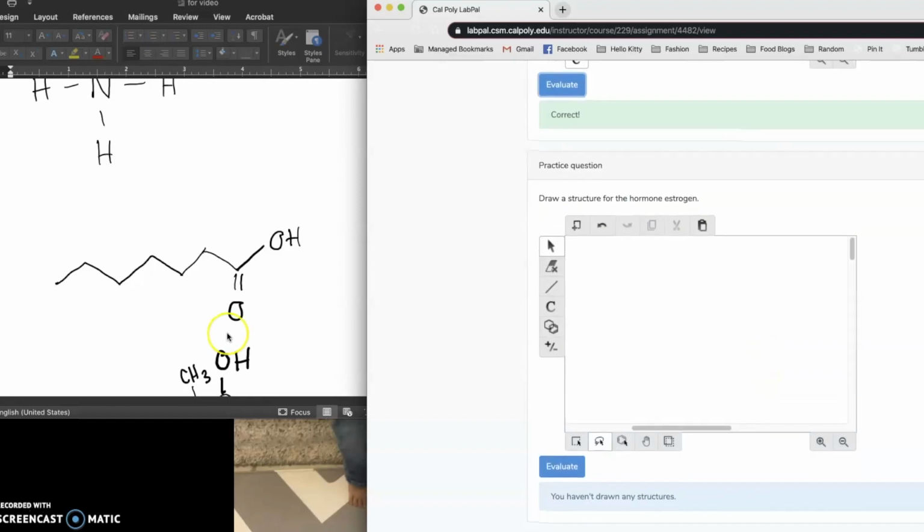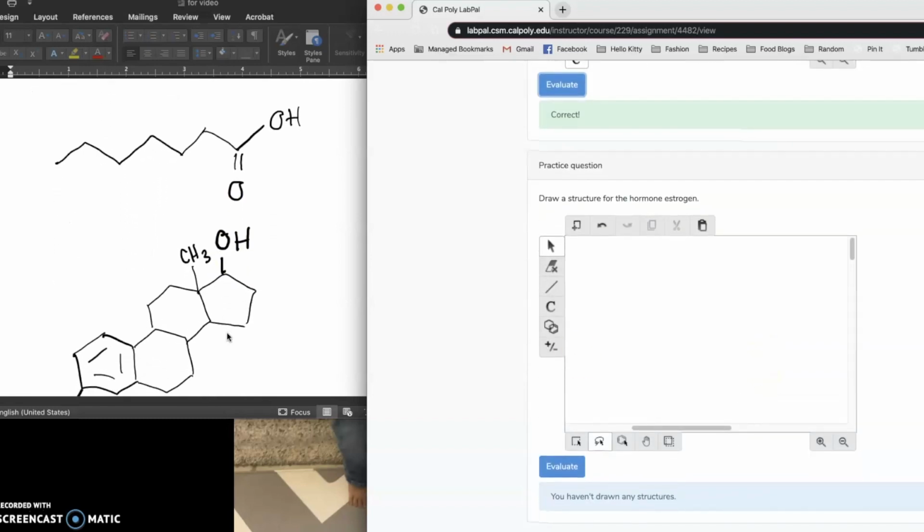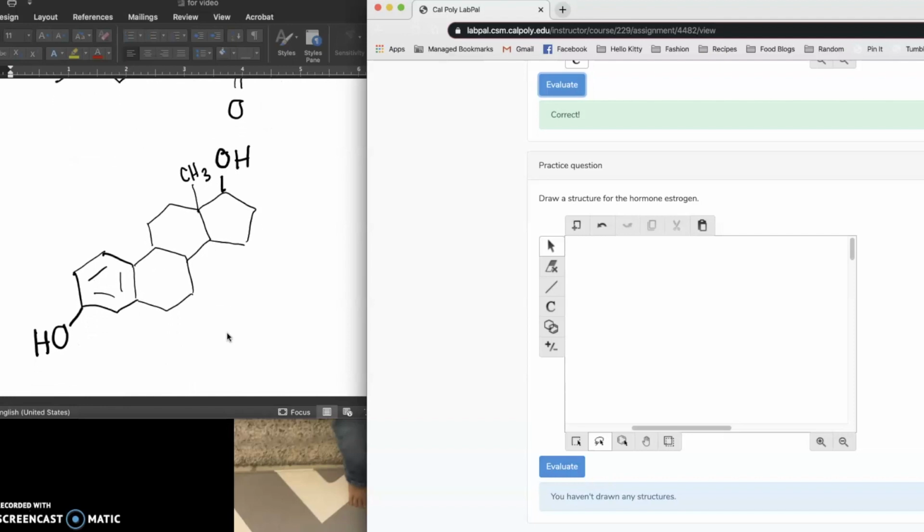Okay, last one is to draw the molecule for the hormone estrogen. So I have this structure, has a bunch of rings on it, so I'm going to use the ring tool. Okay, so starting over on the left-hand side, I have a benzene ring, which looks like this guy right here. So I'll go ahead and click that and place it. And then I'm going to attach to it another 6-carbon ring.